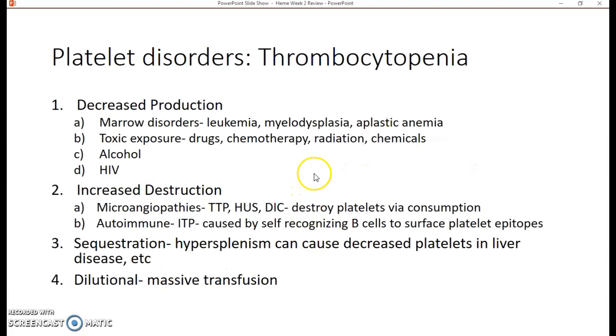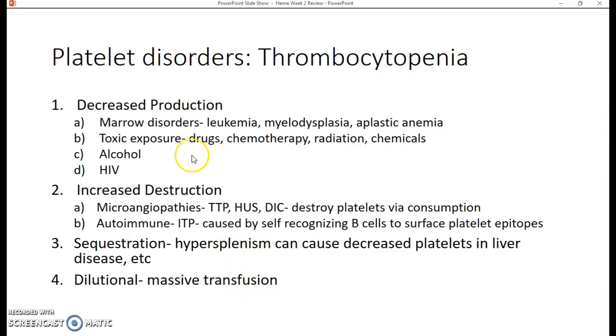So going on to platelet disorders, the thrombocytopenia can be through a number of different causes: decreased production, increased destruction, sequestration in the spleen, or dilutional, more rare. But if you have a massive transfusion of blood products, usually packed RBCs don't contain a lot of platelets.